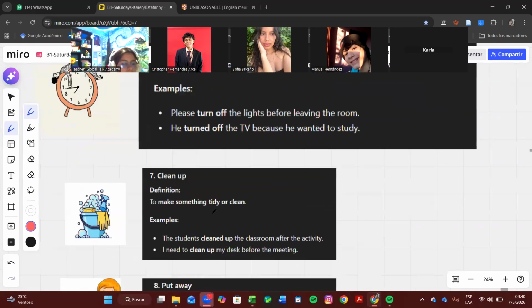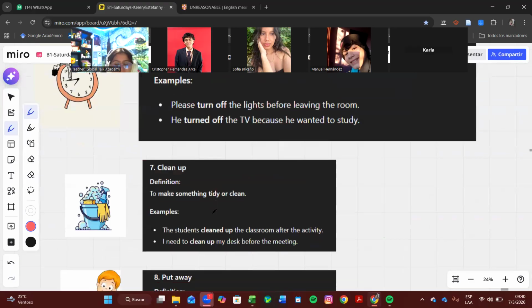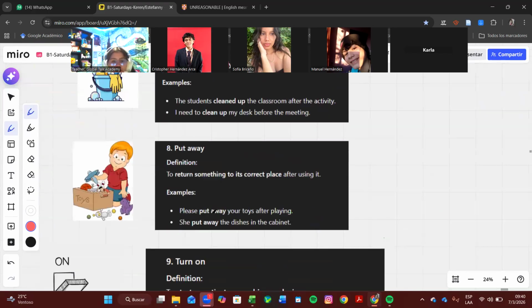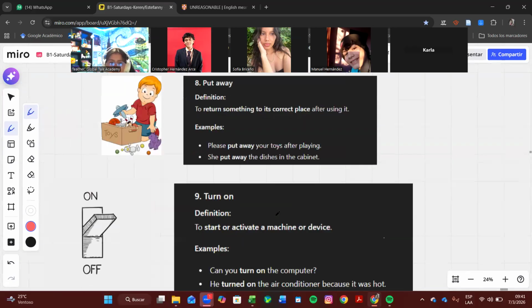Then we have clean up, that maybe you have heard about. It's to make something tidy or clean, to clean up your room, your house, right? Then put away, to return something to its correct place. Like, please put away your toys after playing. So it's like acomodar, o en realidad como ponerlos por ahí. So put away, put away.